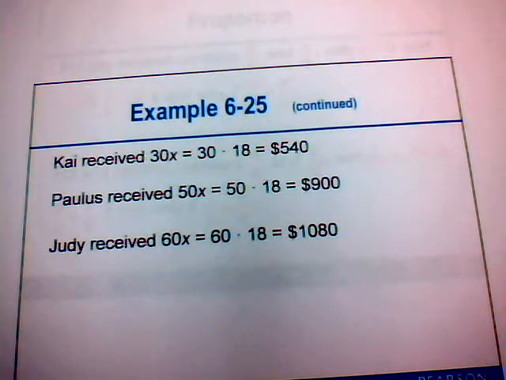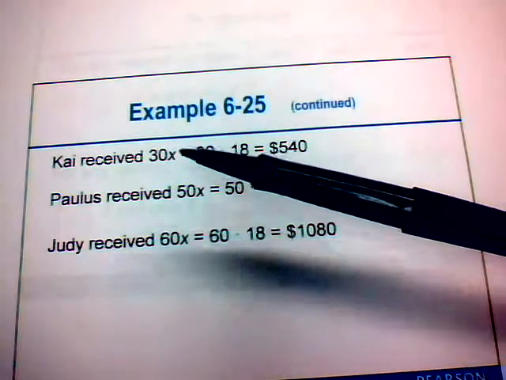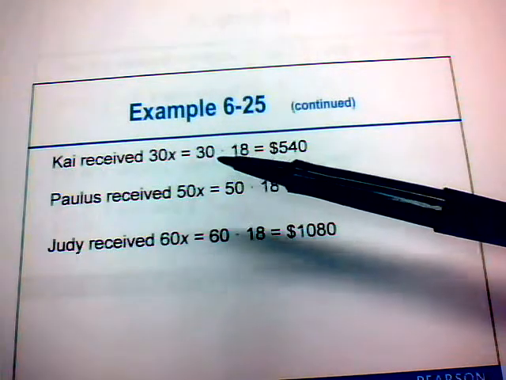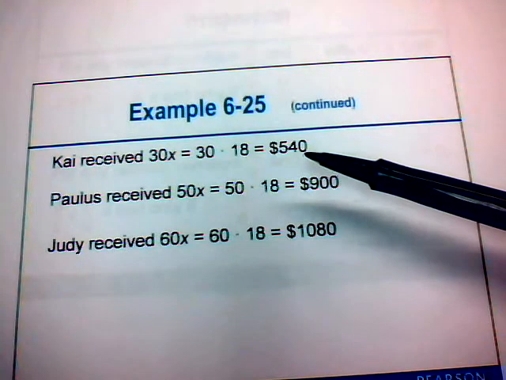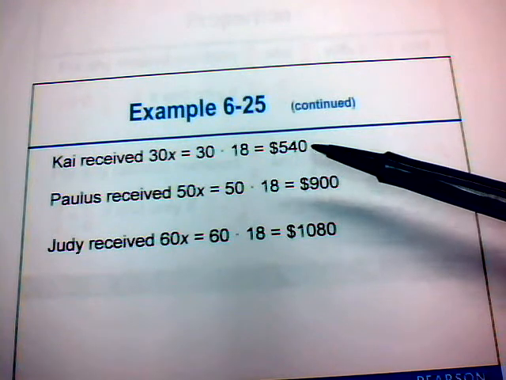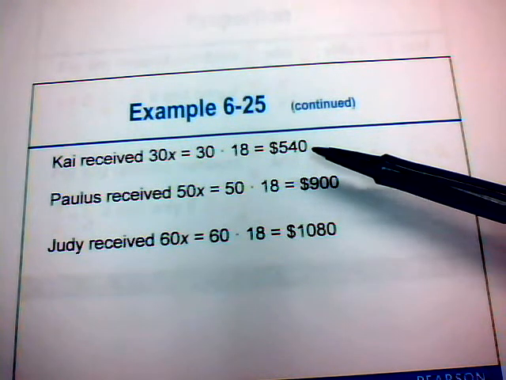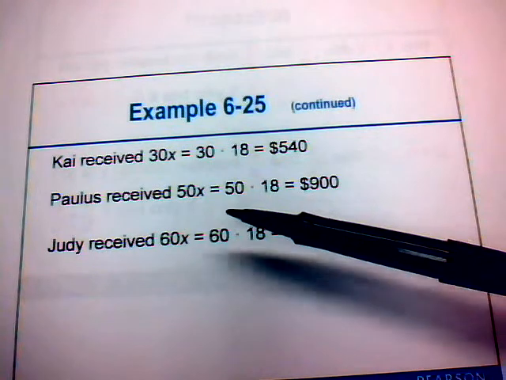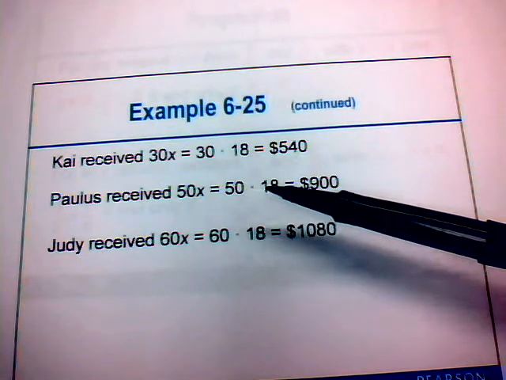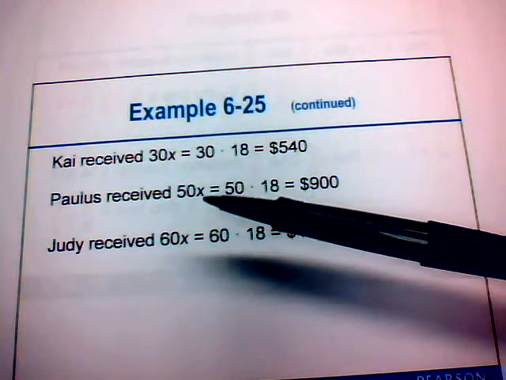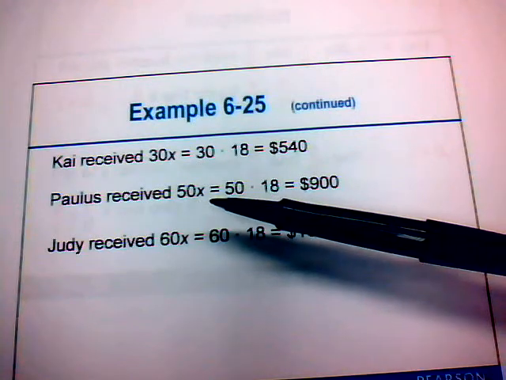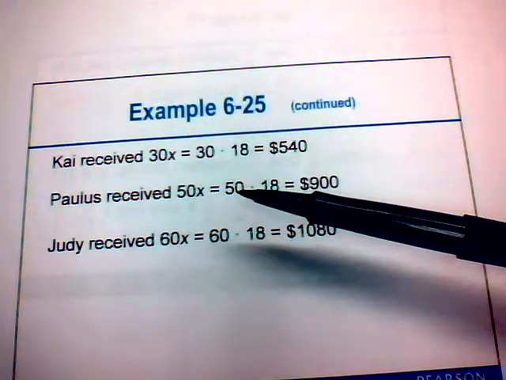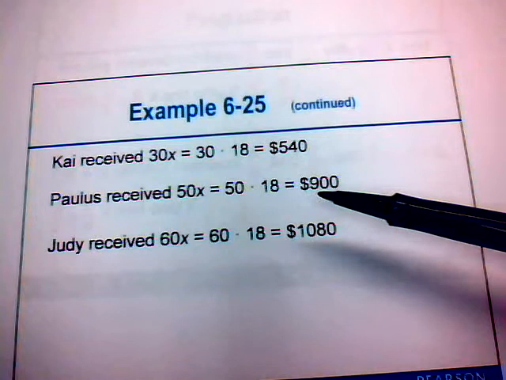So now we want to find out how much each received. Kai received 30 times X for working 30 hours, so 30 times 18 would be $540. Paulus received 50 times 18 because he worked 50 hours, which would be $900.